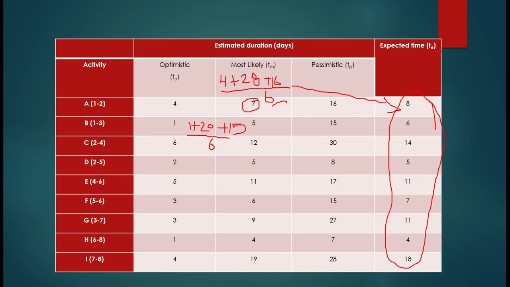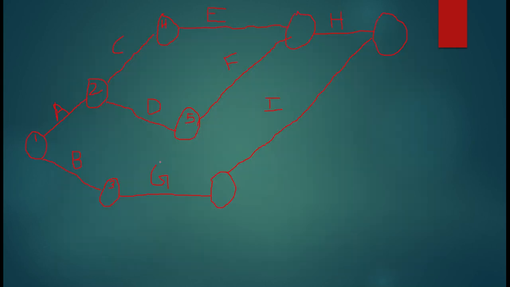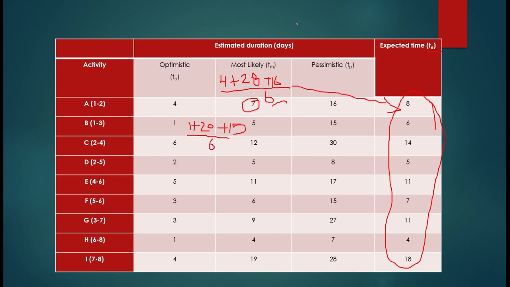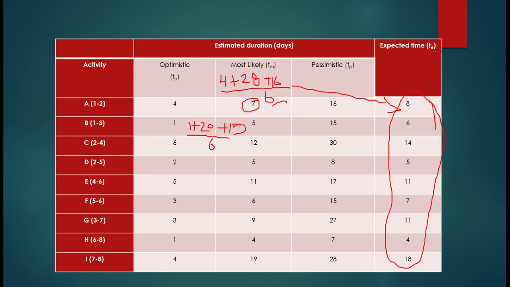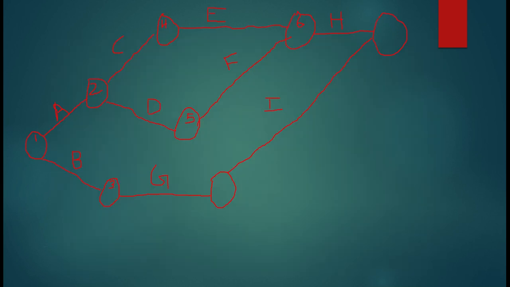Then we have E, that is 4 to 6. E is 4 to 6. So here I have given 6. Then I have F. F is 5 to 6. Oh, sorry, I have already given 5 to 6. Then G. G is 3 to 7. So this is 3 to 7.